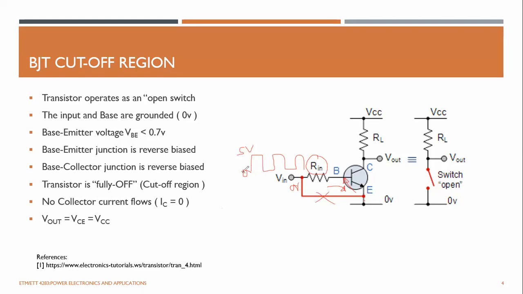So your control signal is typically 0 to 5 volts, and you have to limit this voltage to 0.7. So you can just calculate the required value for Rin. Otherwise, if you provide this 5 volt directly across the transistor, it will fail. That's the purpose of having Rin.